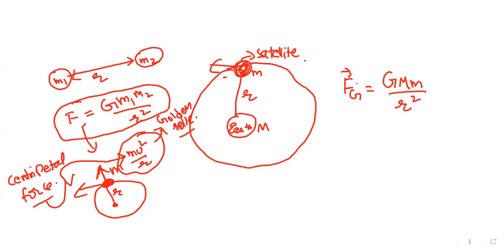Now the same situation is happening here. There is a satellite which is moving in a circular path around the Earth with the radius r, and let's say with the velocity v. Now what is the force acting on the satellite? Force acting on the satellite is given by m, the mass of the satellite, into v square upon r.